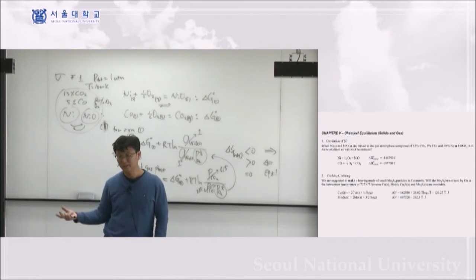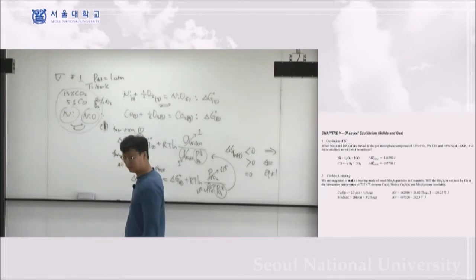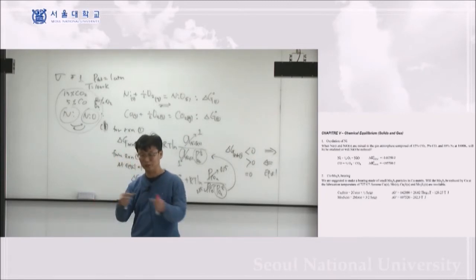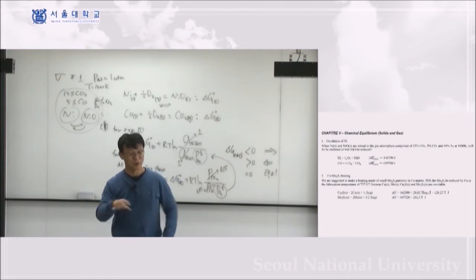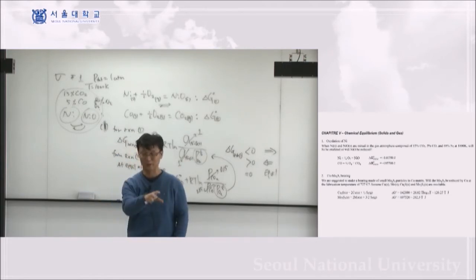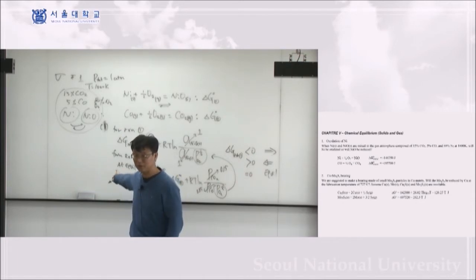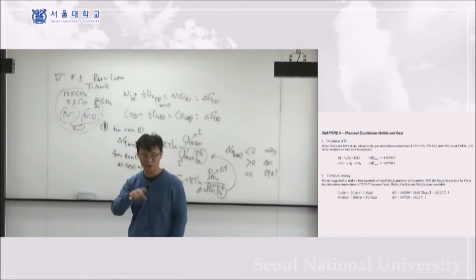It's there, but most of the time we don't care. It's the same thing when you have CO and CO2 mixed together. The oxygen generated from the chemical reaction between CO and CO2 is very small, so most of the time we don't care. The overall composition of the gas phase is CO and CO2. However, theoretically, if you do the calculation, you can have a very, very small amount of O2. That's what we have to calculate first. So it wouldn't change the general composition of the gas phase.